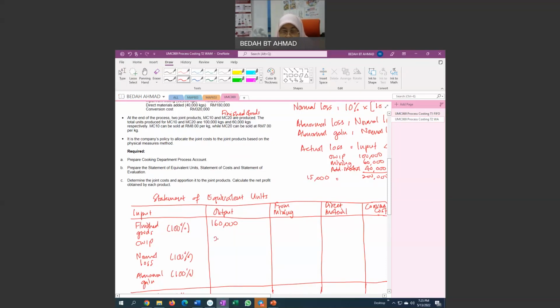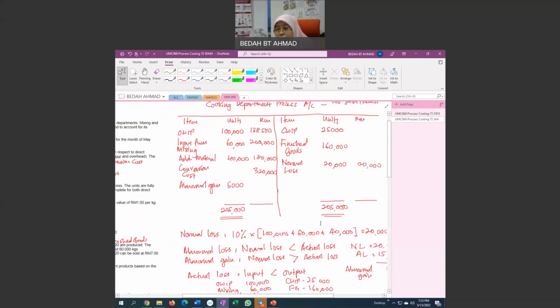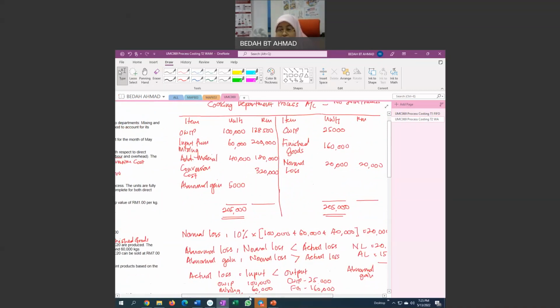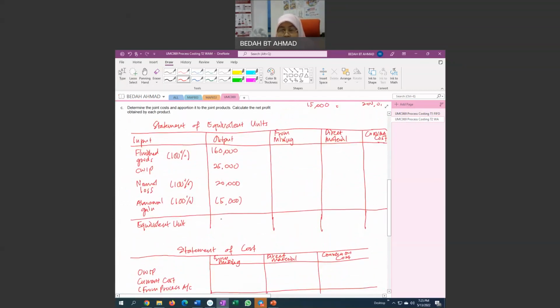So 25,000 here. Normal loss is 20,000. And abnormal gain, since it's a gain, is in brackets, 5,000. The closing work in progress is from the credit side of the process account, and the normal loss is 20. So altogether it is 205 here, but we have the abnormal gain, so that makes the total 200,000.